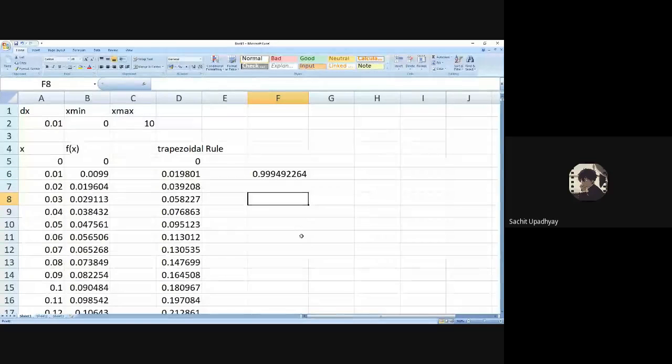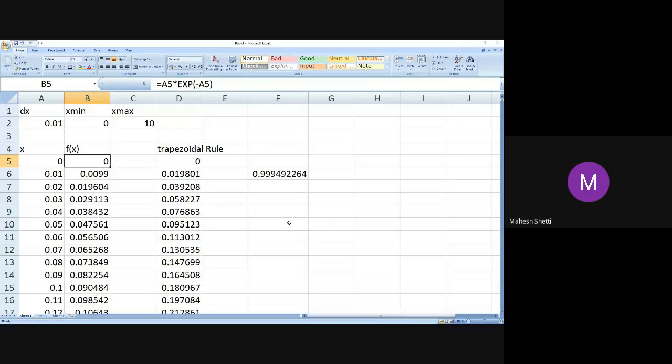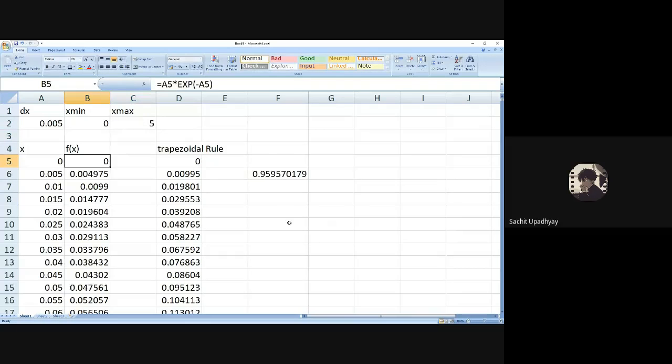Suppose we have a function, and for x we have been given the interval 0 to 5, and we want an accurate approximation of our answer. What we can do is select the smallest segment, a partition of that interval.